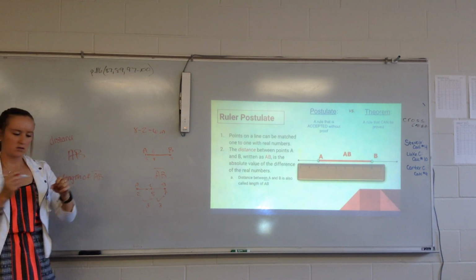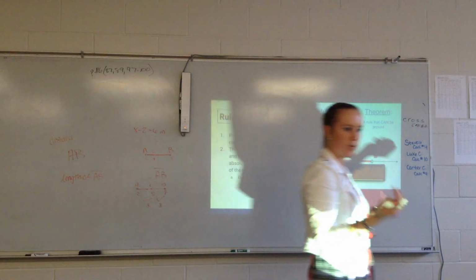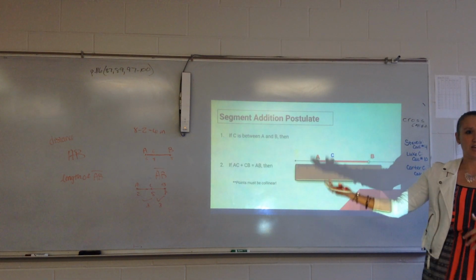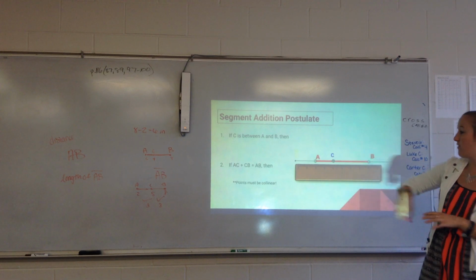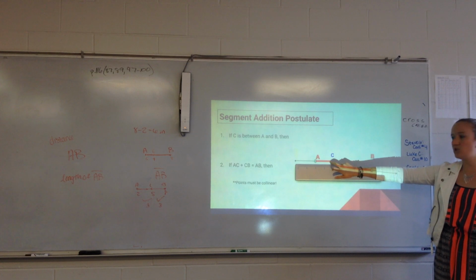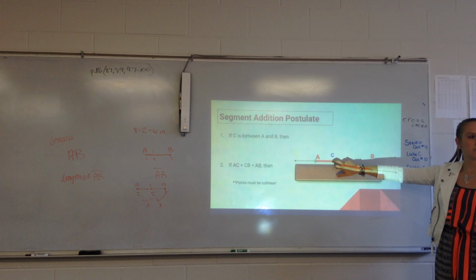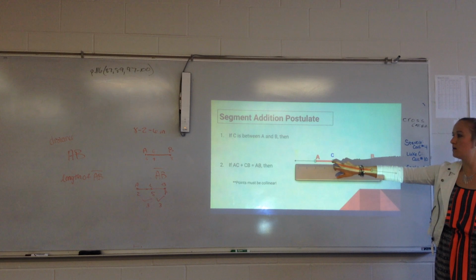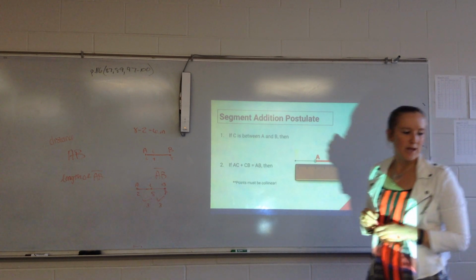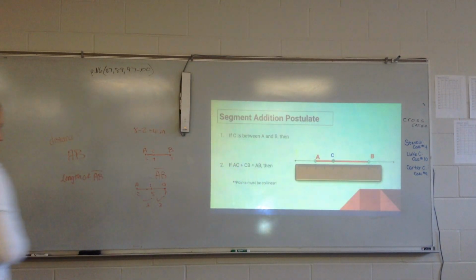Yeah. So, another postulate that you guys just found out on your own. The segment addition postulate. I want you guys to write this down in your notes. The segment addition postulate says, if we have a point C in between 2 points of our segment, what did Dylan just tell us?